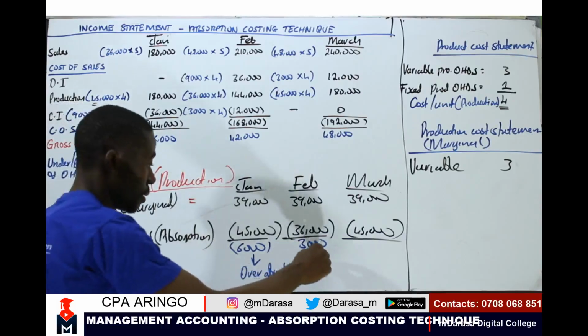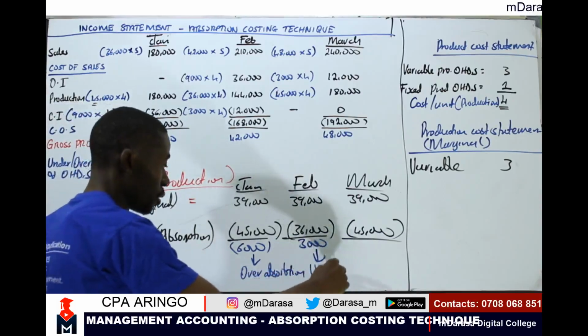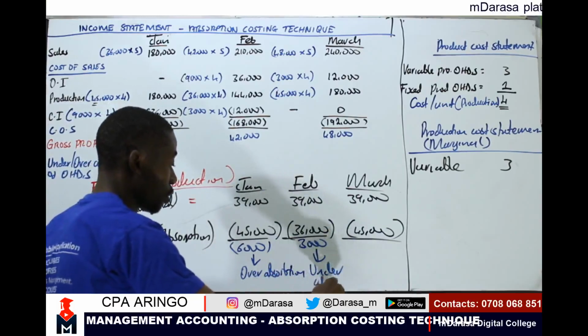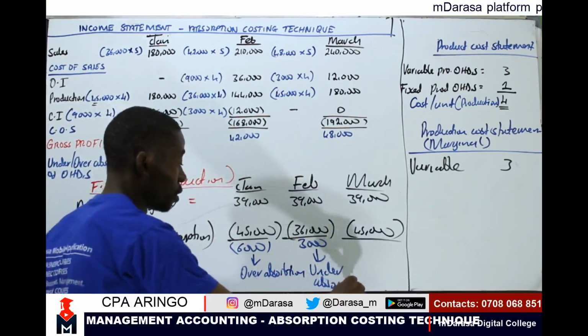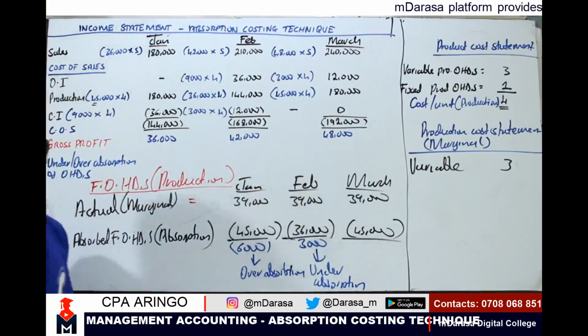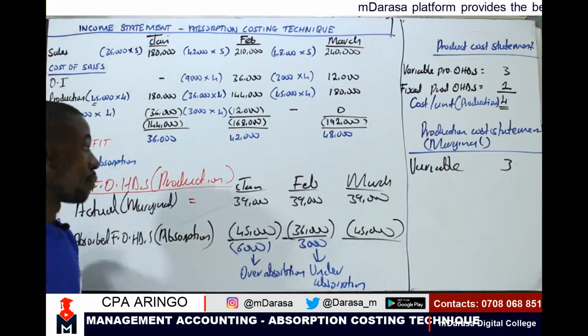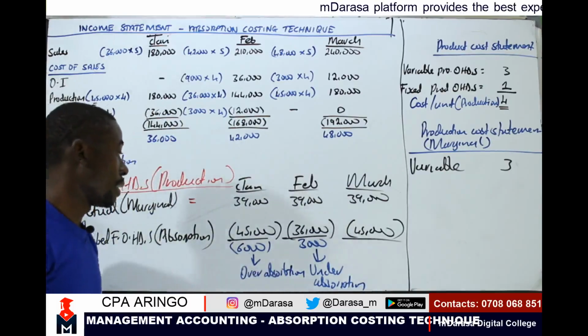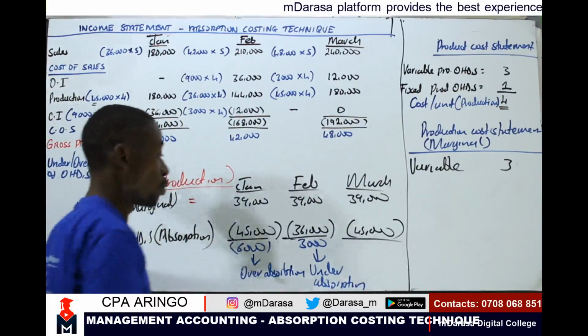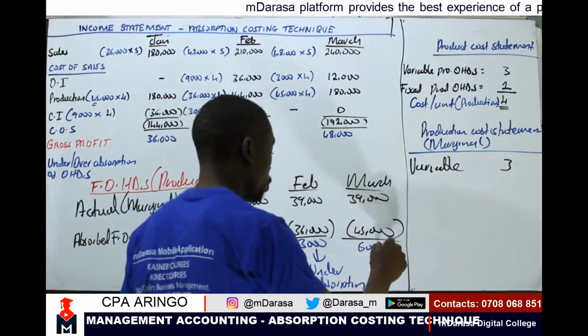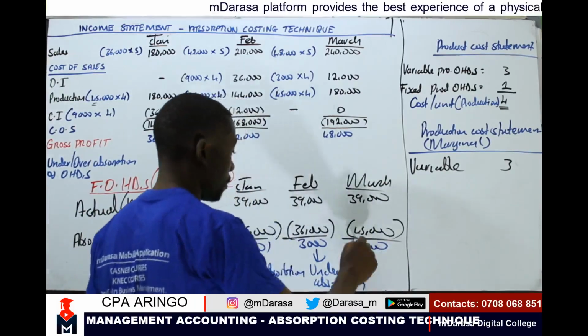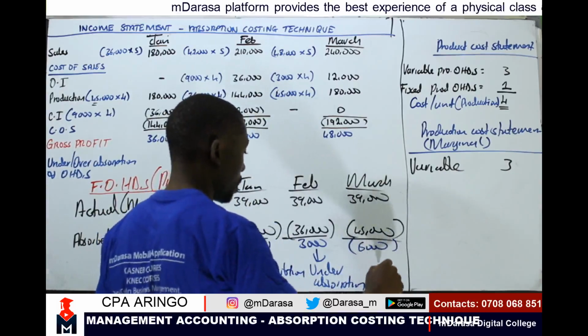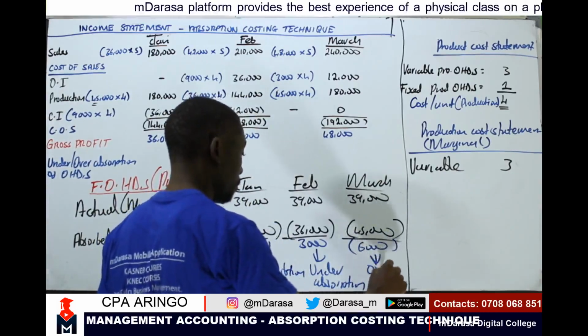This is under absorption of overheads. For the month of March, we had 39,000 and I'm absorbing 45,000. So I'm also having over absorption, of 6,000. This is over absorption.